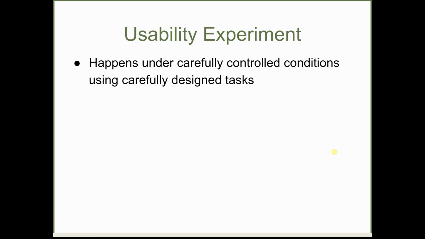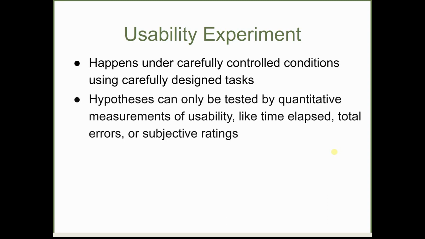This usually happens under carefully controlled conditions, and hypotheses can only be tested by quantitative measures of usability, like time lapse, total errors, or subjective ratings. In the usability evaluation, we were also gathering qualitative feedback from the user. Remember, we were asking the user whether they liked this interface, what they liked about it, what they disliked about it.